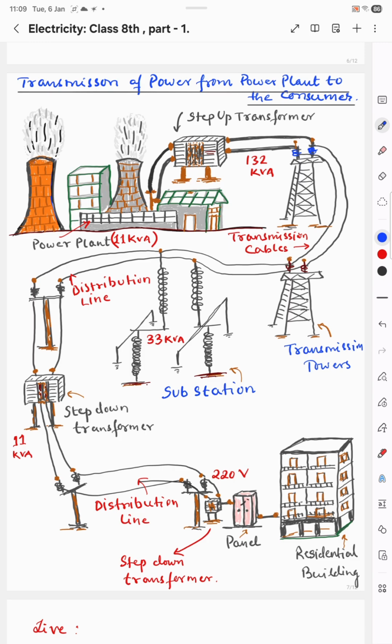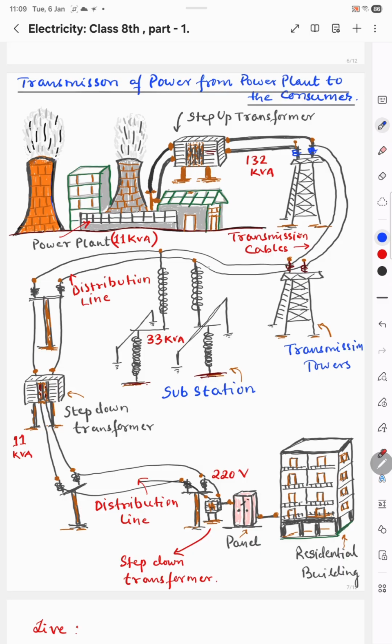This 11 kVA is increased to 132 kVA, and then it is sent through the transmission lines or the transmission cables. Now these cables bring this power to the substation. The substations are fairly near to the residential area or the commercial area, or they are within the cities, very near to the cities.